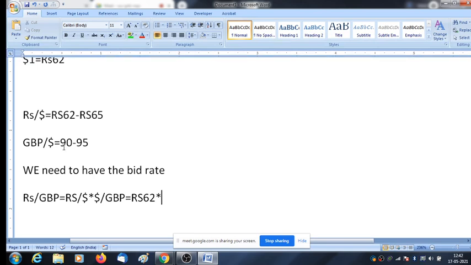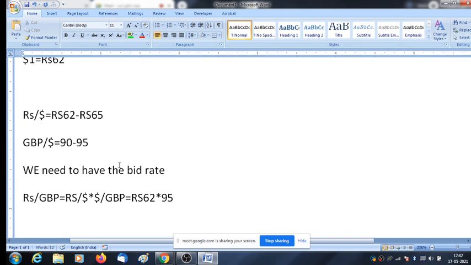So here 95 will be taken as the bid rate. Just go through this concept and try to understand.